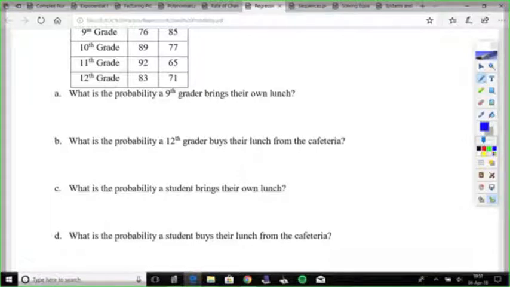So that would be the 76 plus 89 plus 92 plus 83. That's 340 students in total bring their own lunch. Out of the total number of students, which would be 85 plus 77 plus 65 plus 71. Assuming I added that up right, 638. But you added up all the people that brought their own lunch and then all the students in total. So that gave us 340 divided by 638, which comes to be 53.53, or 53%.